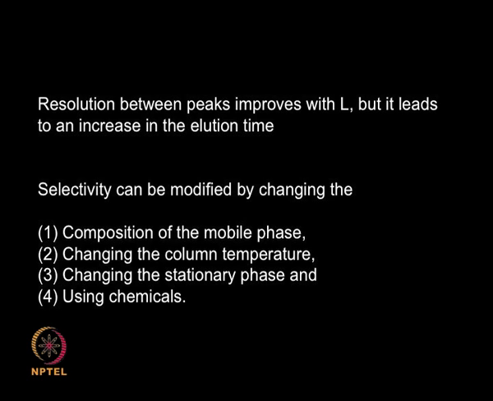Changing the column temperature, as I originally said, sometimes the proteins may be very sensitive to column temperature. So, we might not be able to play too much with column temperature, but if we are handling only small molecules or metabolites or drugs, then changing column temperature is an option. Changing the stationary phase, or sometimes using chemical additives, can also help in changing the selectivity of the chromatography process.